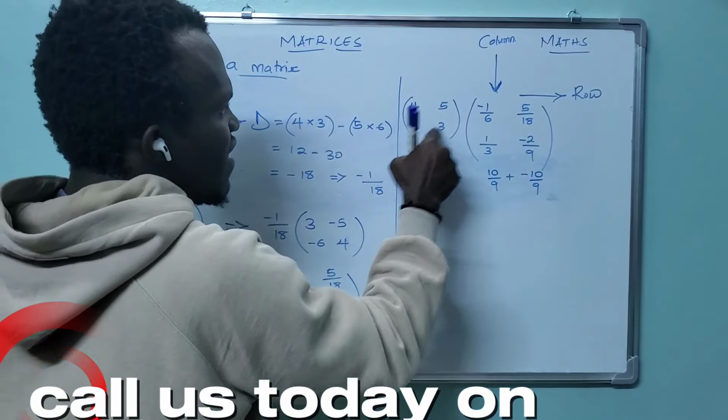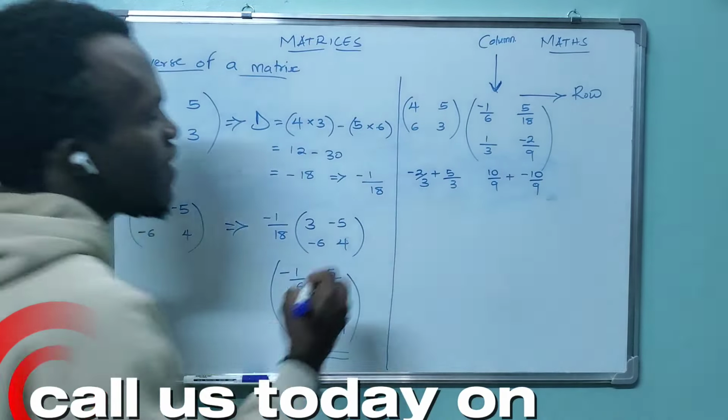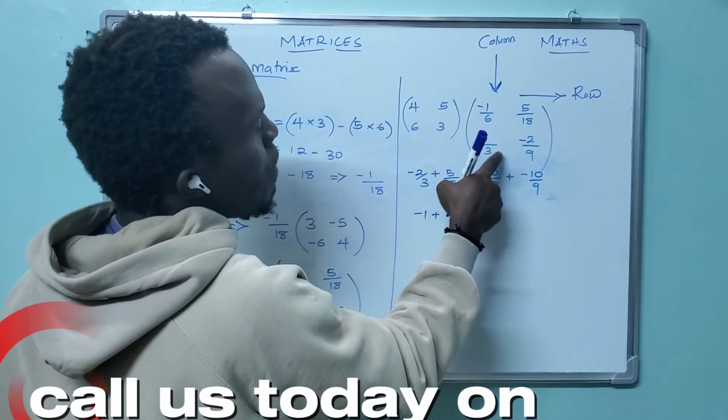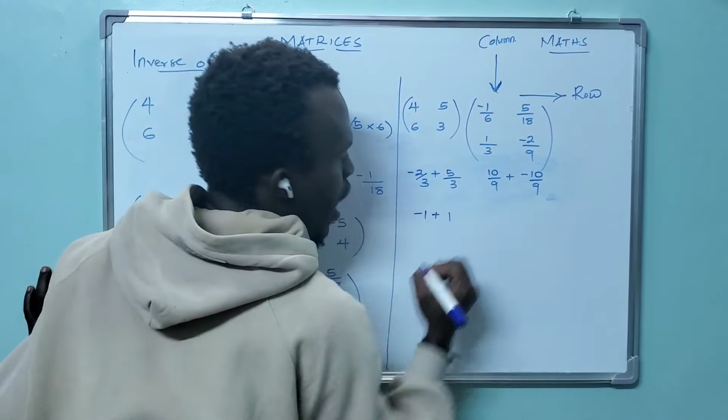So I start with 6 multiplied by negative 1 over 6. That is going to be negative 1, plus 3 multiplied by 1 over 3. That is going to be 1.